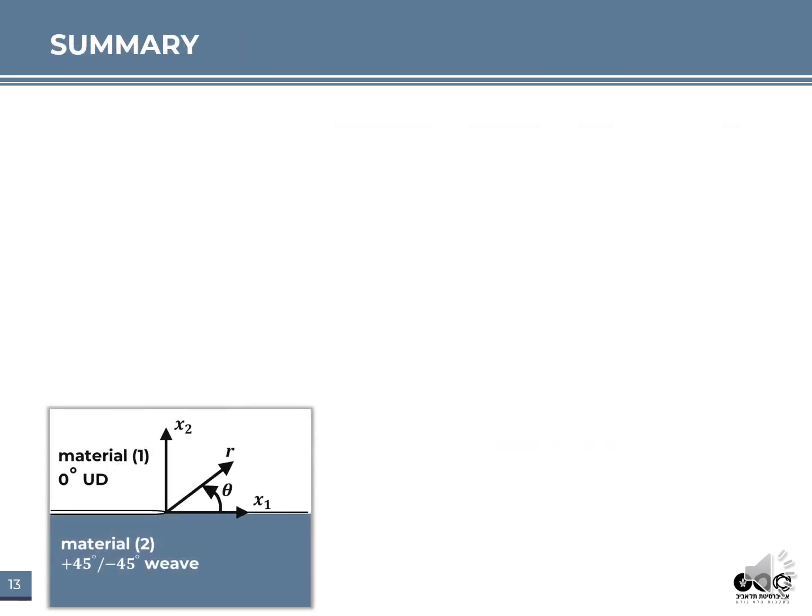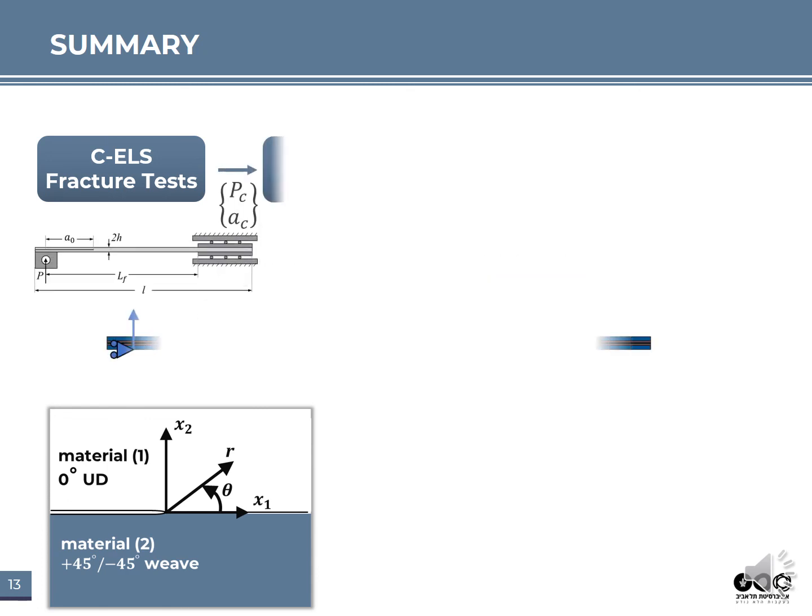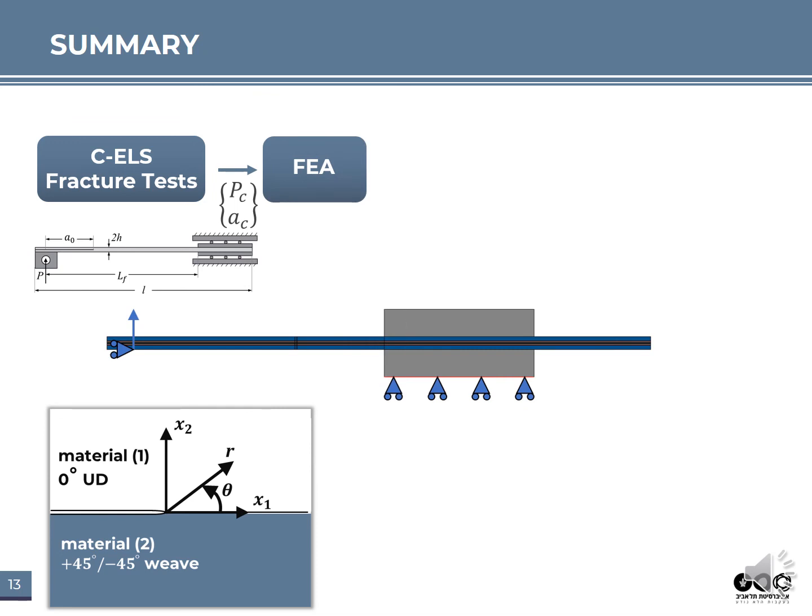So to summarize, the material investigated included a delamination between an upper unidirectional ply and a lower woven fabric ply. 6 CLS specimens were tested with nearly mode 2 deformation, and then finite element analyses were performed for the AC stage as well as for 4 different delamination lengths.